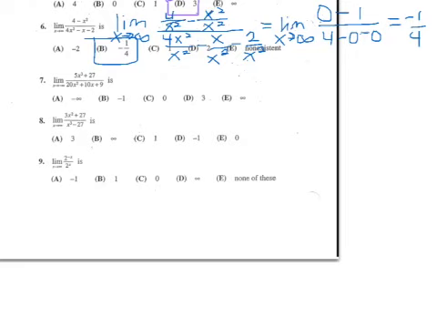For number 7, we're finding the limit as x approaches negative infinity. So we need to be extra careful with our final answer. So we're still going to divide everybody by the largest exponent in the denominator, which is x squared.